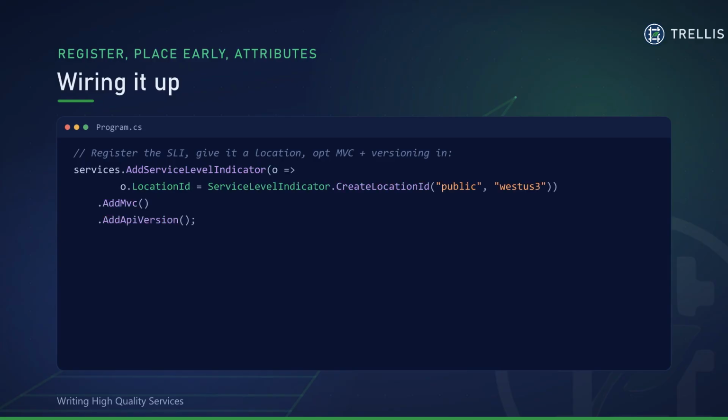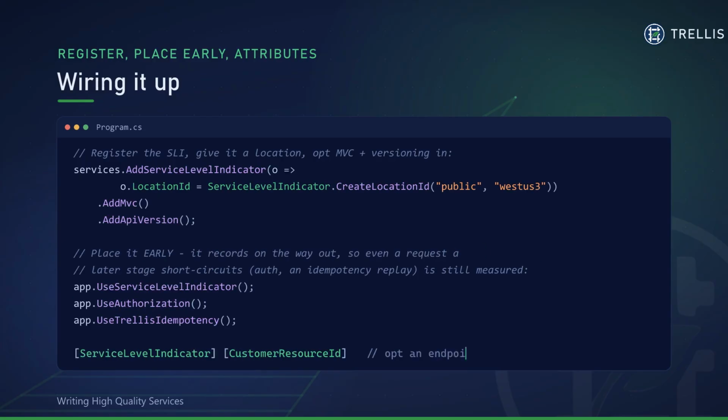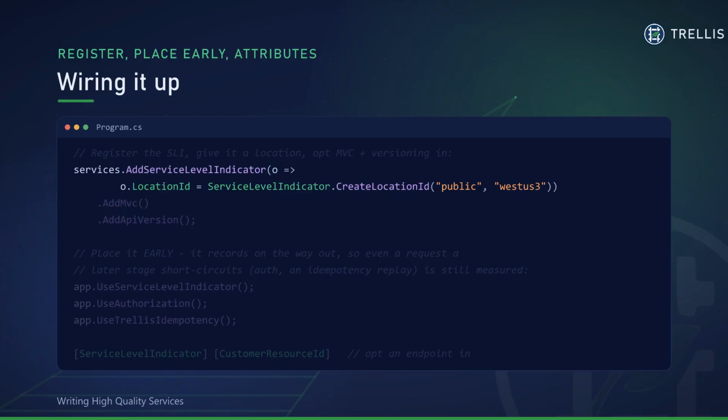Wiring it up is a handful of lines. AddServiceLevelIndicator registers it, and you give it a location ID. Here, public, West US 3. You chain AddMvc so the attributes work on controllers, and AddApiVersion so every measurement carries the API version. Then the middleware and placement matters.